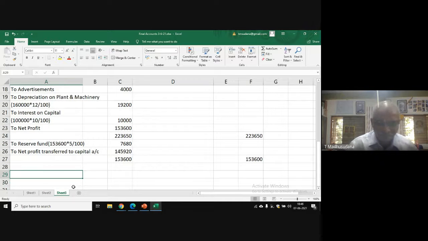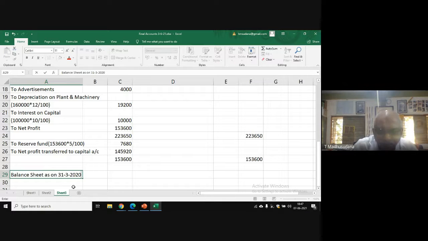Next, we have to prepare the balance sheet. Balance sheet as on 31/3/2020. You just observe the difference between the heading of trading account and balance sheet. There we have mentioned for the year ended, while on the balance sheet we have written balance sheet as on 31/3/2020.